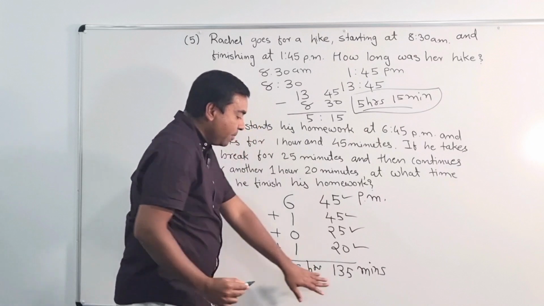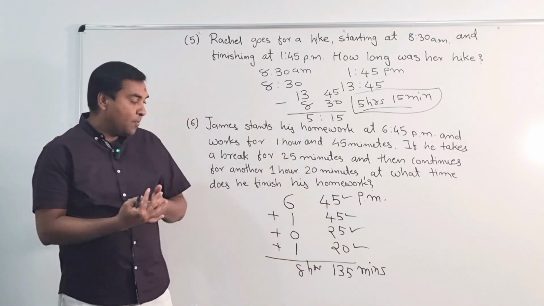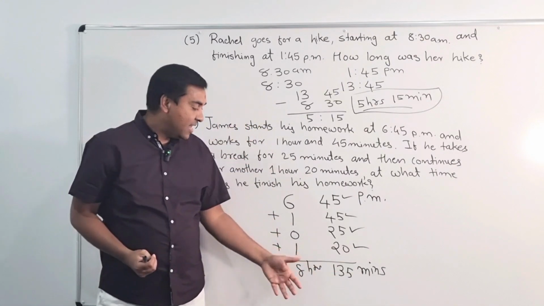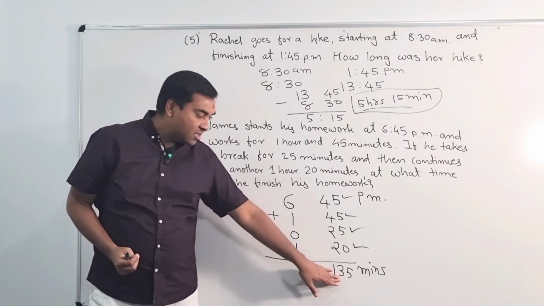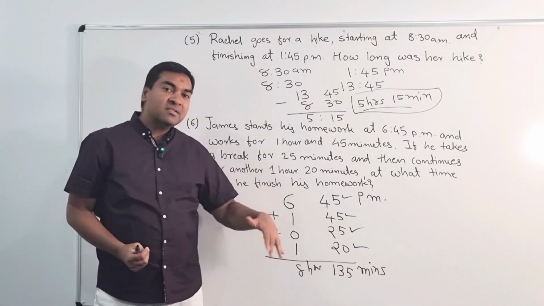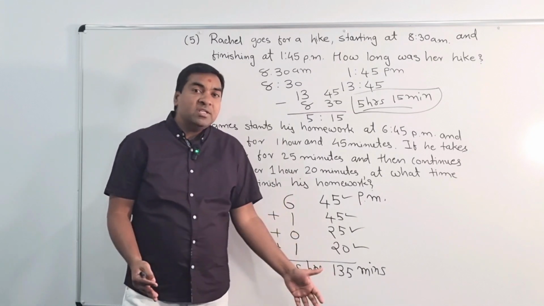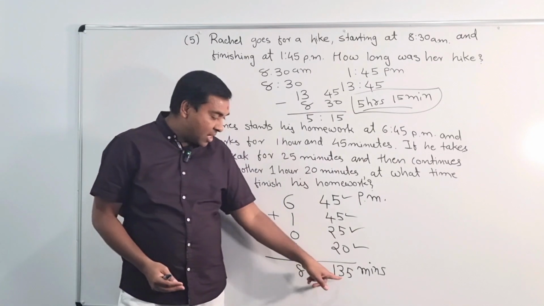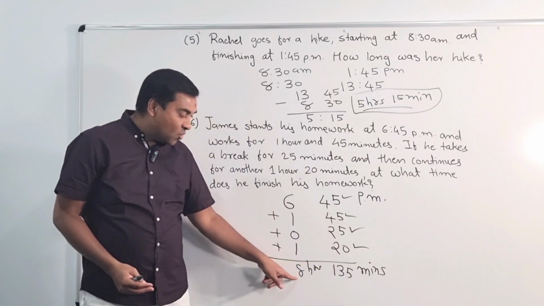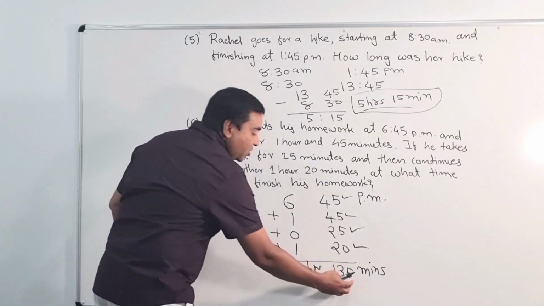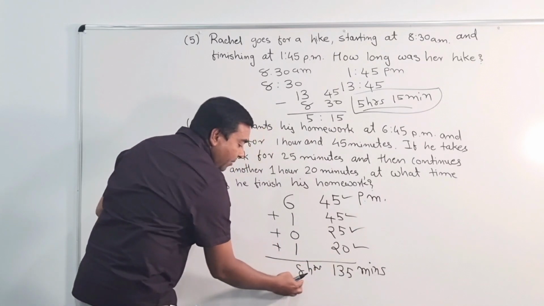Now my minutes, whenever that is bigger than 60, I can take some minutes out and increase my hours. So 60 minutes is 1 hour, 60 times 2, 120 minutes is 2 hours. So I can take 120 minutes out of that and increase my hours by 2.